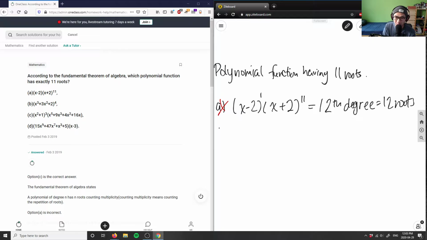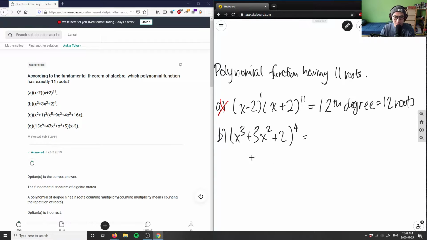We can look at B here. B states x cubed plus 3x squared plus 2, to the power of 4. Whenever we're taking anything to the power of 4, again, we have an exponent within an exponent, so we're going to multiply our exponents. Let's look within the bracket.